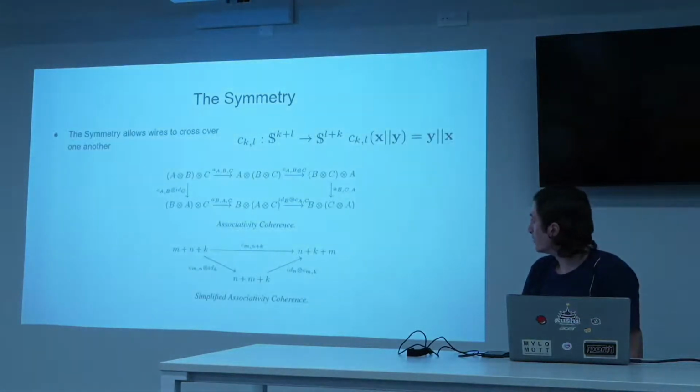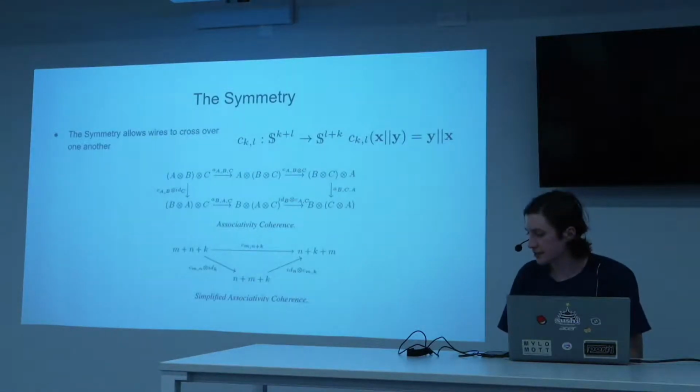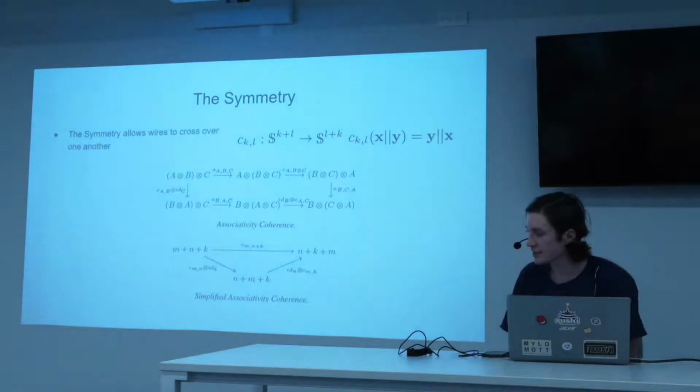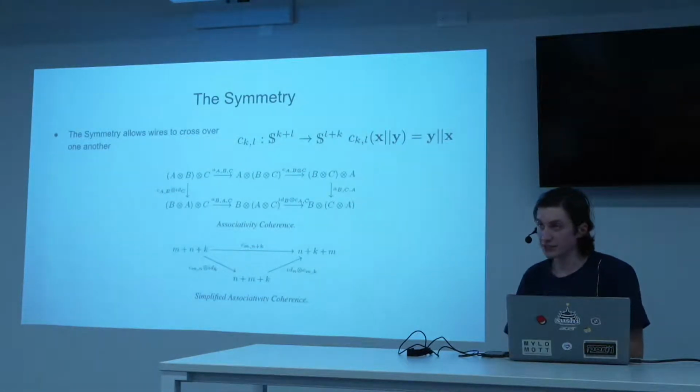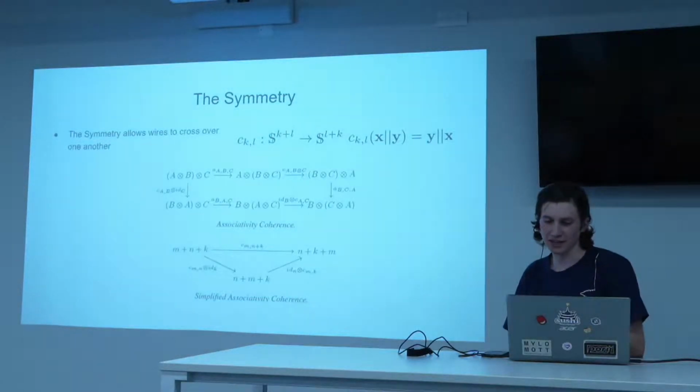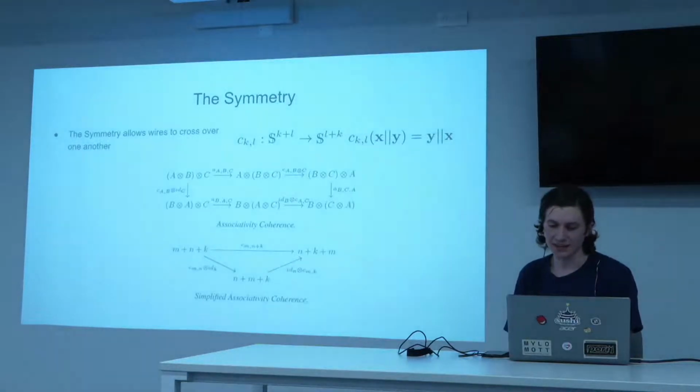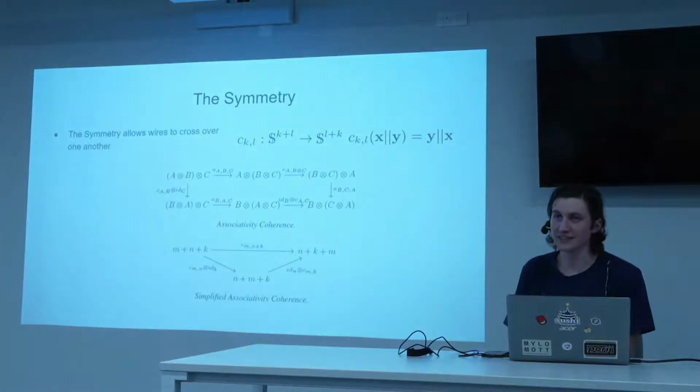And furthermore, the symmetry also needs to be a bijection, and it also needs an inverse, and that's just the algebraic way of saying that if you've crossed over two wires, you can uncross them.